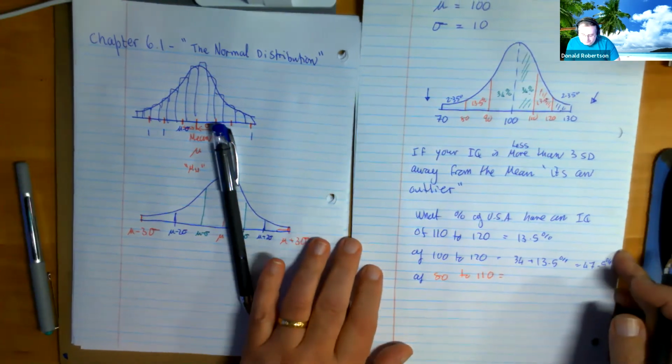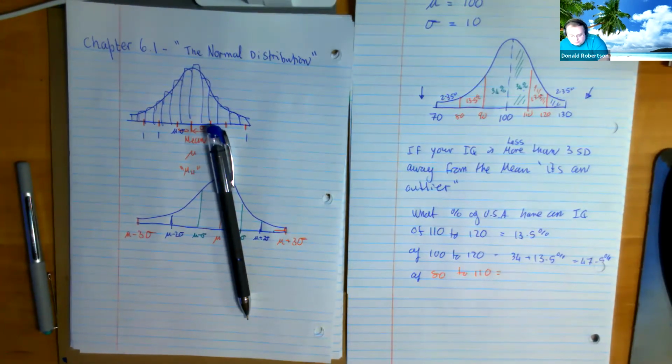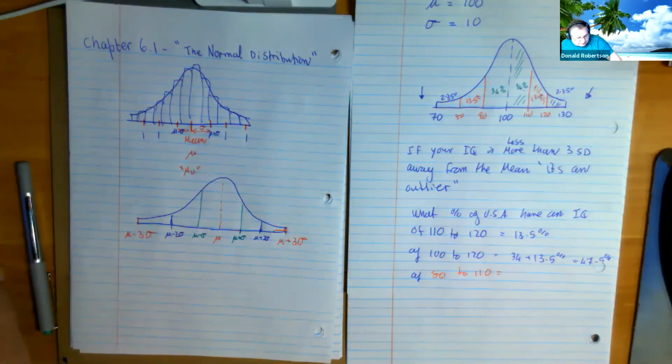So hopefully you can see my picture with the details on it. So what percentage of Americans have an IQ between 80 and 110? Give you a few seconds to work that out.